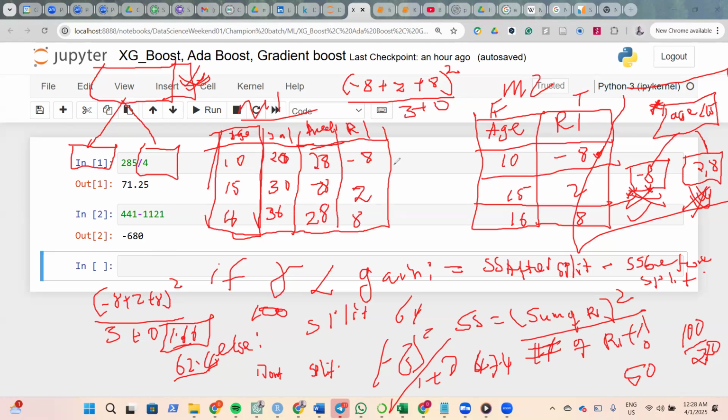Yes. Because before you split the data, this was all the data before you start splitting. So this is the residual in that data before you started splitting. This is the data that we send to M2 now. And these were all the residuals there before splitting.